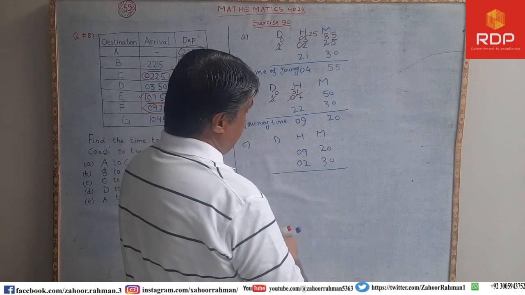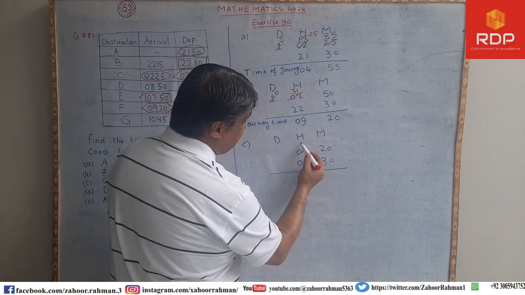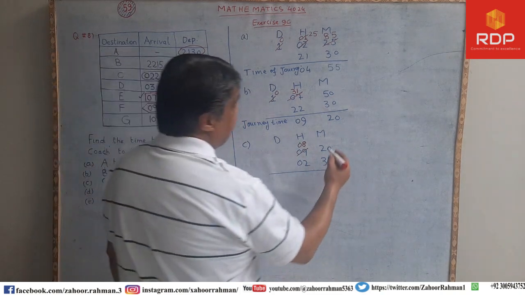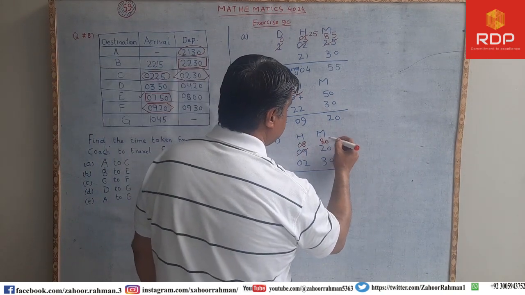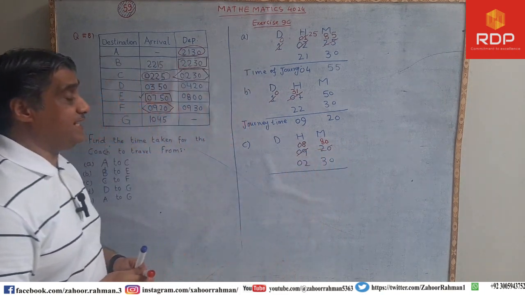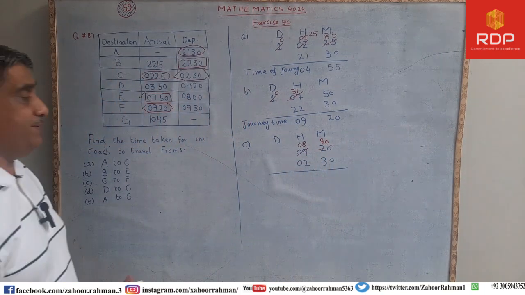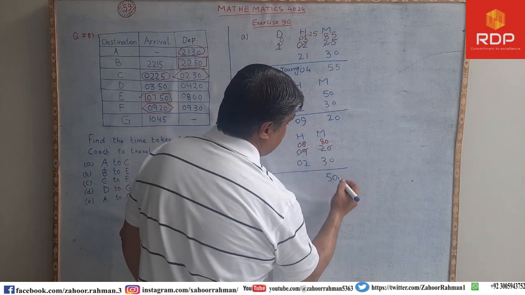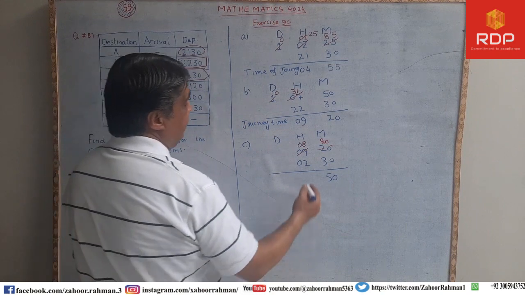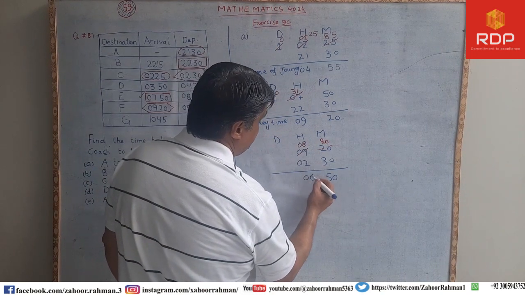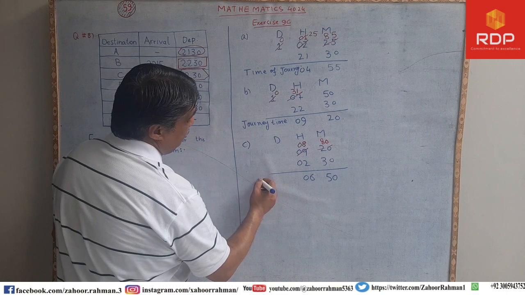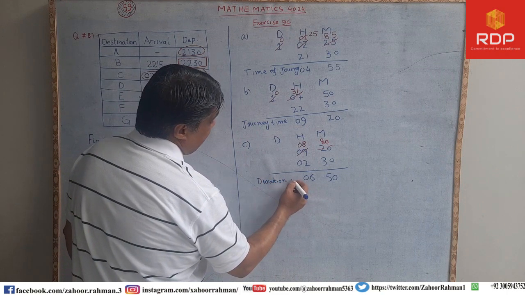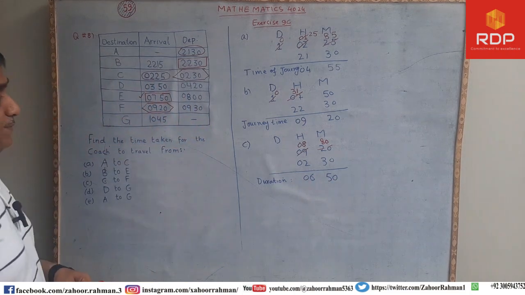Ladies and gentlemen, I am erasing it and making it a 08 and that will be 80 because 20 when added to the 60 minutes it will become 80. From 80 if we are subtracting 30 it will be 50 and this will be 06. So duration of journey is 6 hours 50 minutes.